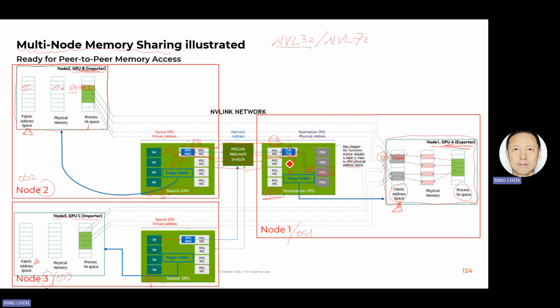To illustrate the relationship between the page tables, the relationship with the GPU, and where this page table is located, I have put these two drawings together, just to try to make things easier to understand.